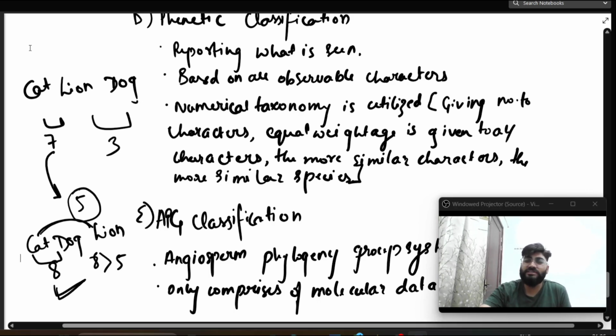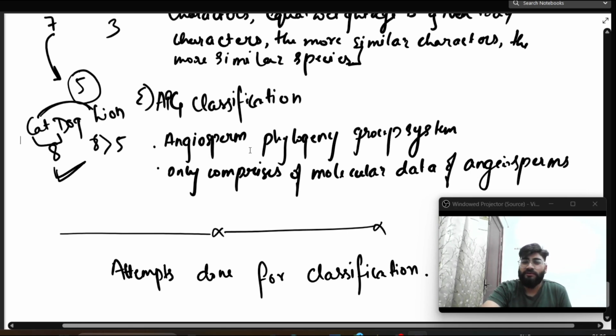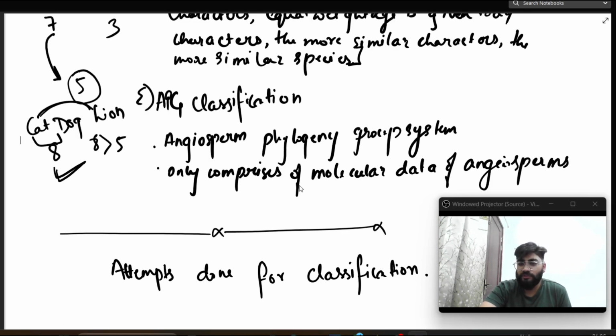Then we have APG classification, Angiosperm Phylogeny Group system. This is the classification which is mostly used for angiosperms, and it comprises only the molecular data which is present for angiosperms only.